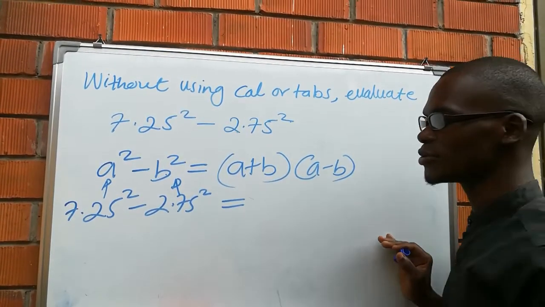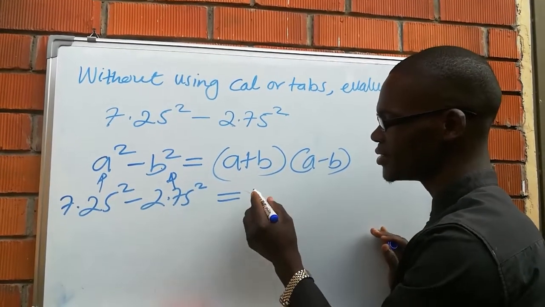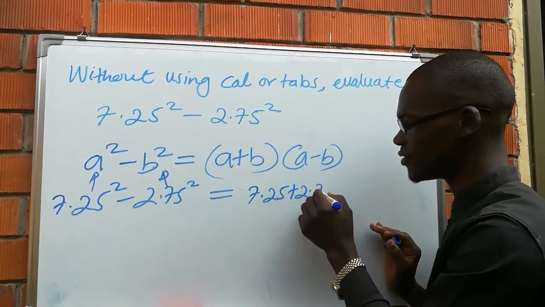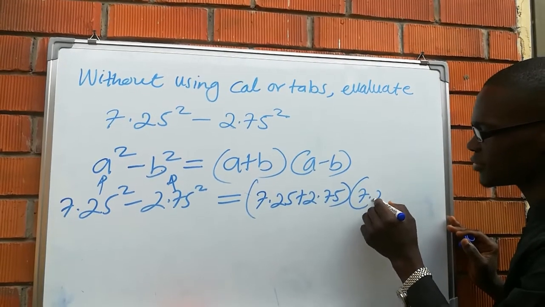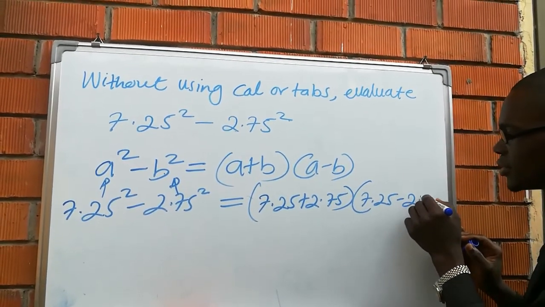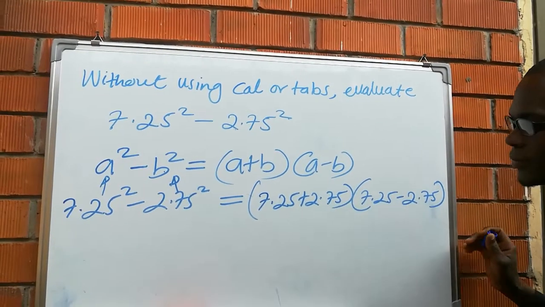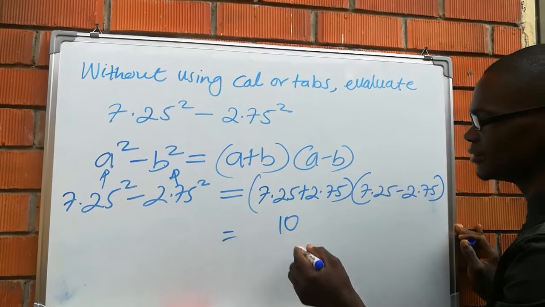So when we are to work out this is the same as 7.25 plus 2.75 and then 7.25 minus 2.75. When we add this, gives us 10.